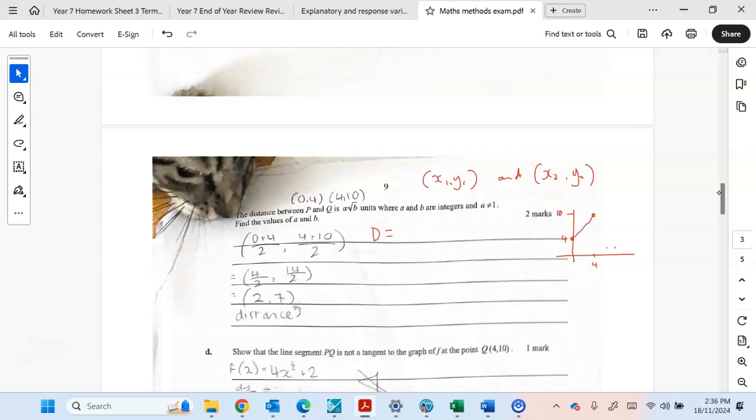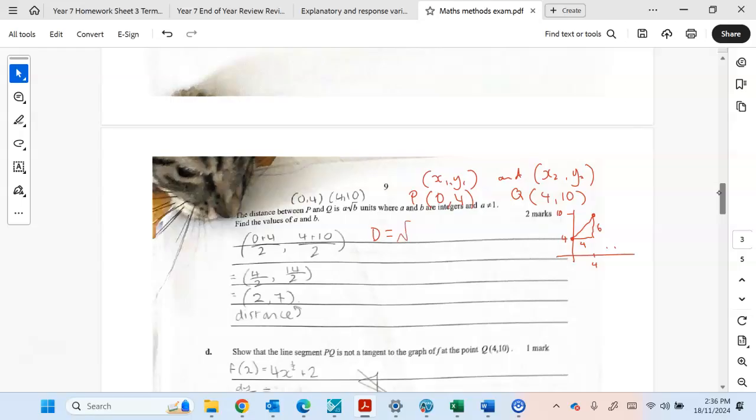Now, if we're finding the distance between 2 points, we use basically Pythagoras' theorem, and that is your distance between 2 points formula. Because when you think about it, if I was to draw a right angle triangle, the distance between my x values is 4, and the distance between my y values is 6. So in this case, your 2 points, let's call this P, so that was 0, 4, and Q, which was 4, 10.